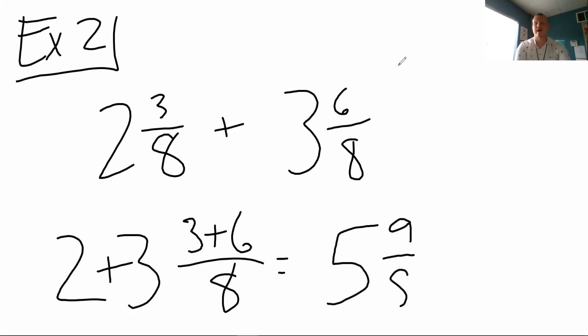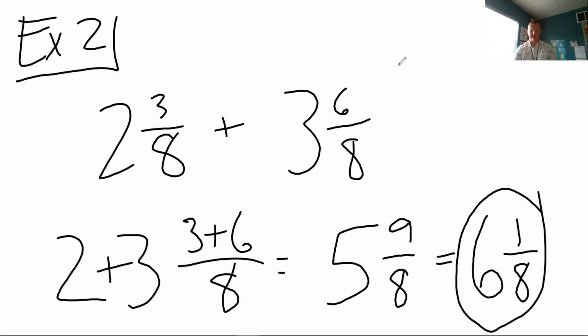So I have 5 and 9 over 8, and since it's an irregular number right now, I'm going to take away 8 over 8, which will give me one more whole number, so now I'm going to have 6 and 1/8 because I only have one left over, which would be my numerator. So 6 and 1/8 will be my answer for that one.